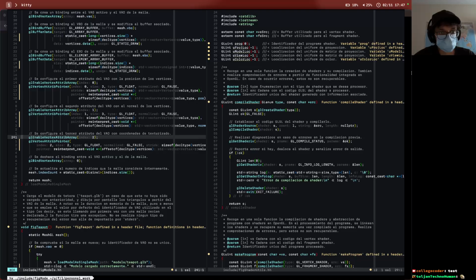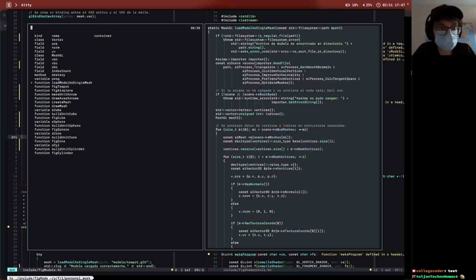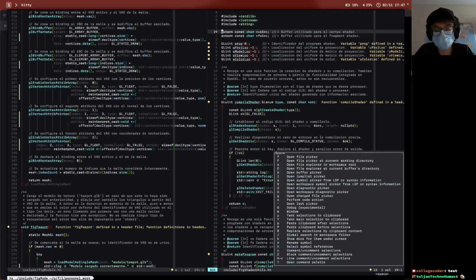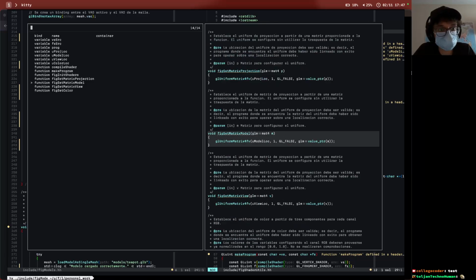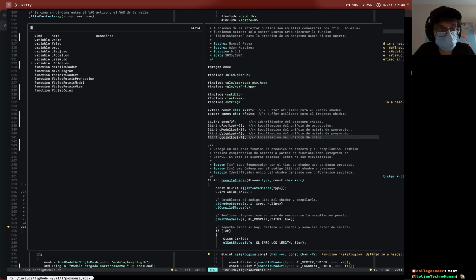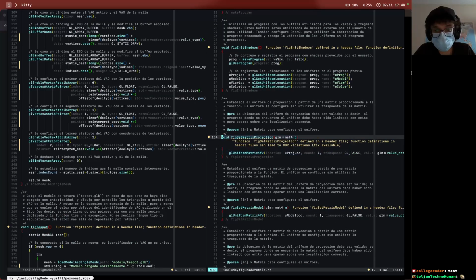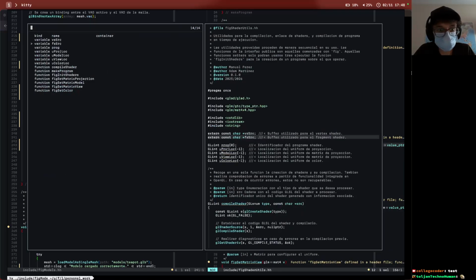Why do we keep the VBO and EBO bound to the active array buffer and element array buffer? This is odd. It's not here. Is it here? Nope.